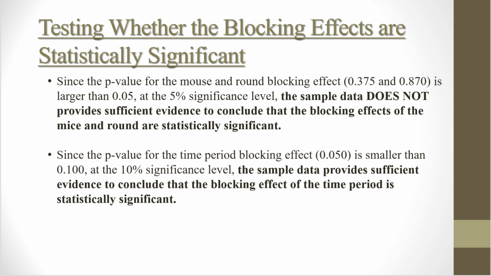So since the p-value for the mouse and round blocking effects is larger than 0.05 at the 5% significance level, the sample data does not provide sufficient evidence to conclude that the blocking effects of the mice and round are statistically significant.